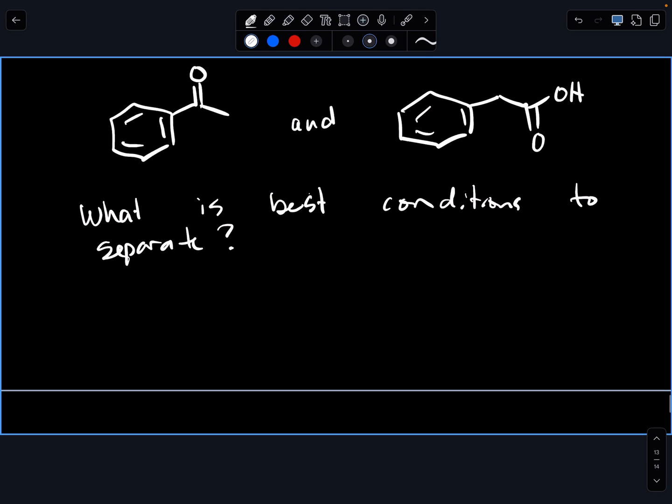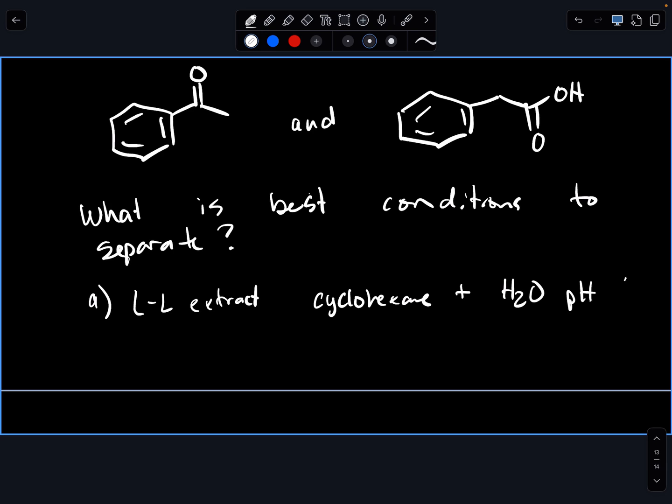One choice, maybe A, you're doing a liquid-liquid extraction with non-polar solvent, let's say cyclohexane, and water, pH 1.